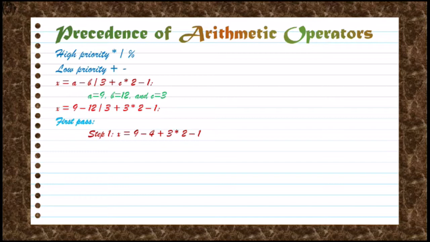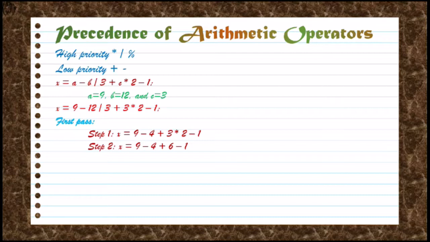So the statement became 9 minus 4 plus 3 into 2 minus 1. In the next step, from left to right, the multiplication symbol comes. So we multiply 3 into 2, that is 6. In step 2, the statement becomes 9 minus 4 plus 6 minus 1.